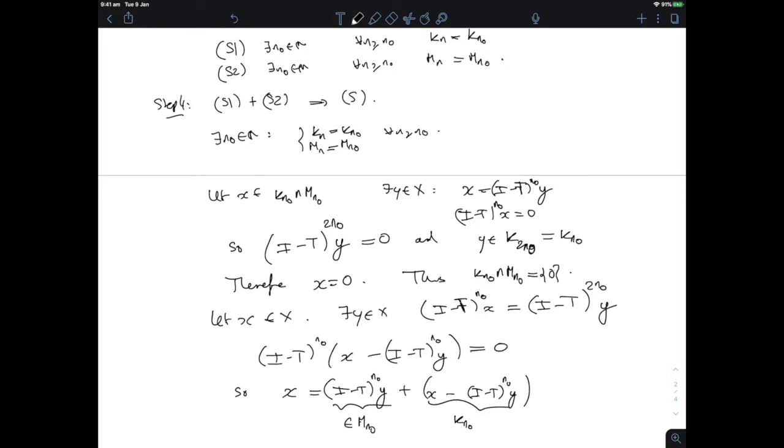Okay, so that proves the splitting. So if we can prove that the sequence K_n stabilizes, that's S1, and the sequence M_n stabilizes, that's S2, then we have our result. So that's the conclusion of step 4.